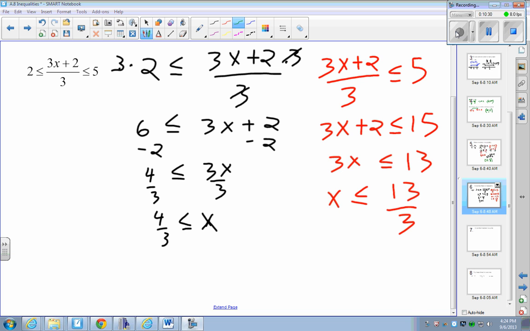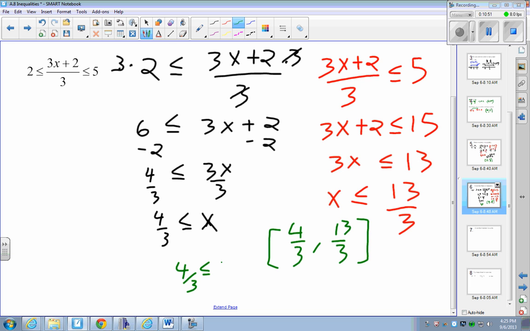So yeah, we have x is greater than or equal to 4/3. So we write this as 4/3 less than or equal to x, which is less than or equal to 13 over 3.